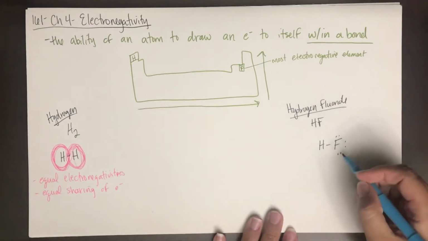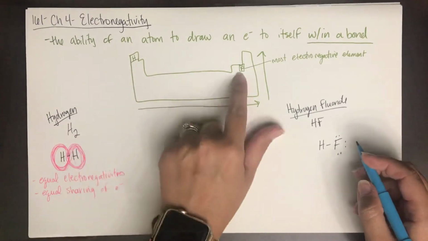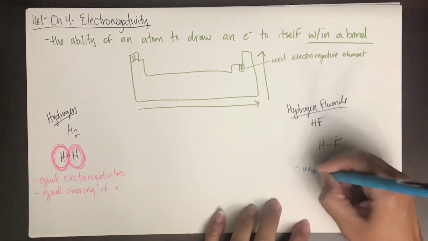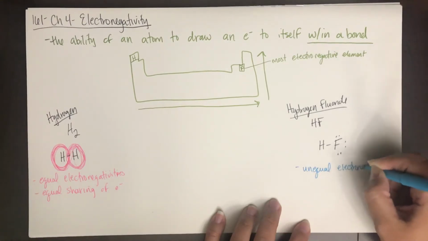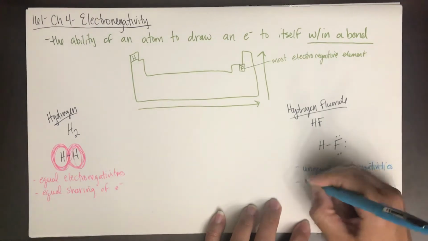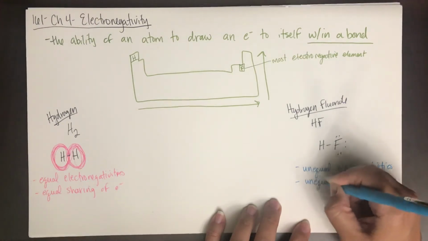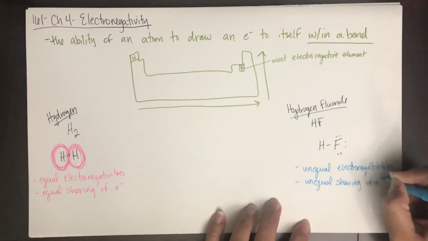Now let's look over here. Hydrogen and fluorine. Hydrogen has a very low electronegativity compared to fluorine. These are unequal electronegativities, and we are going to have unequal sharing of electrons.